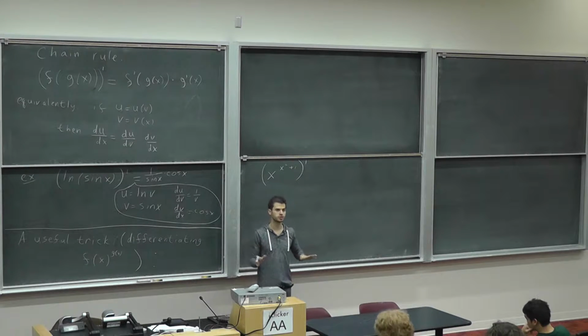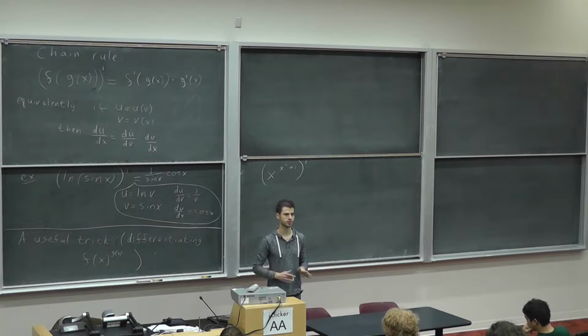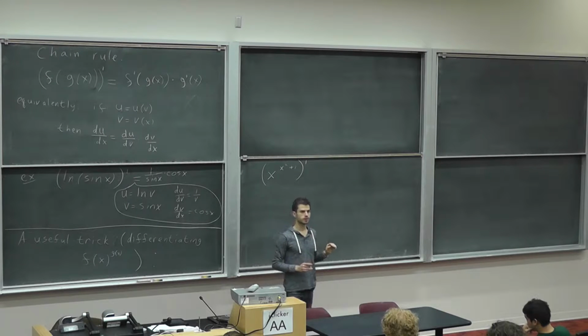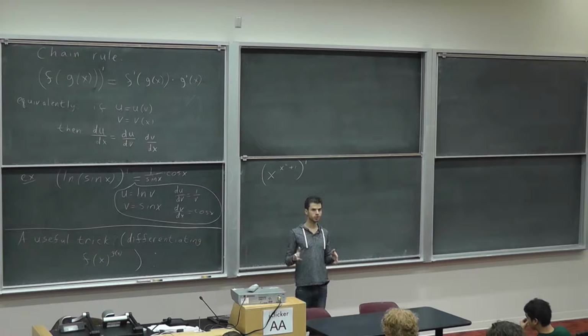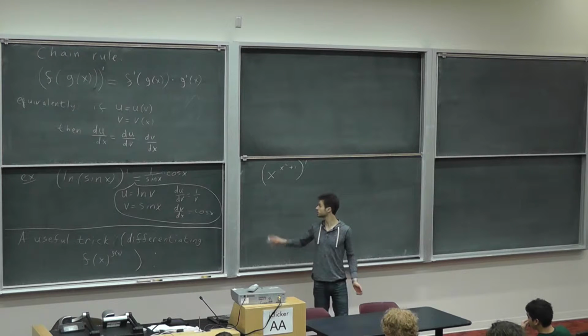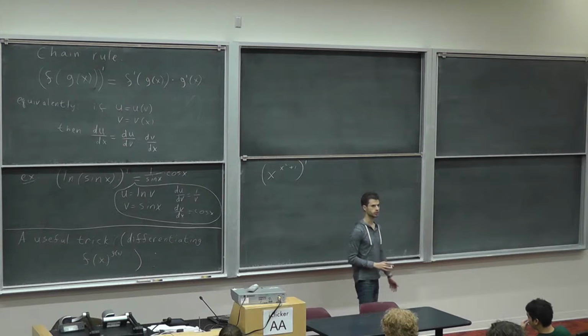It's not an expression like x squared or x cubed. It's x raised to a power which depends on x. It's also not of the form e to the power which depends on x. This thing, well, it's not e. So the question is, what can I do about such an expression?